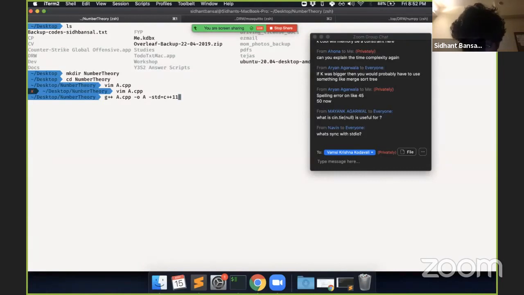That means if you have some cins and some scanfs in the same code, they won't read from one another. But when you disable this flag, you say don't work synchronously, so cins stop waiting for scanfs. You can read it up on Stack Overflow or something. That's the broad idea, and that's why it becomes faster.